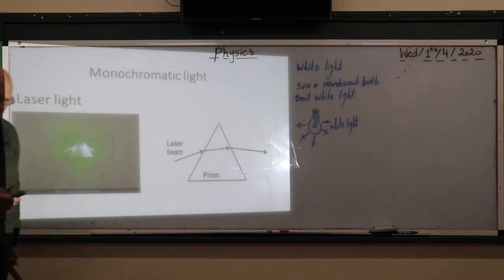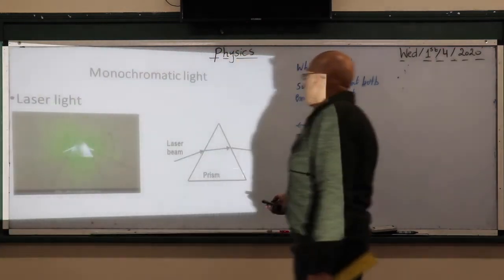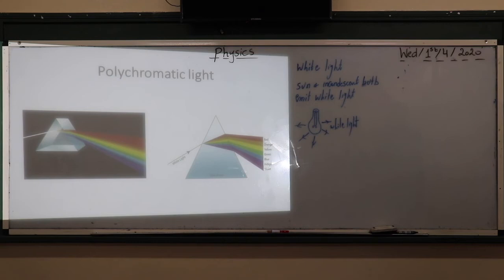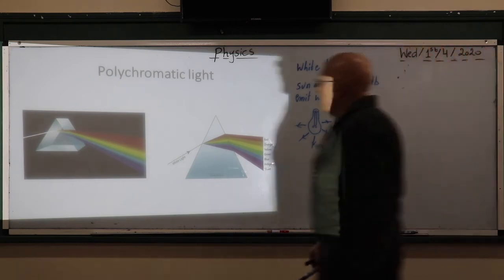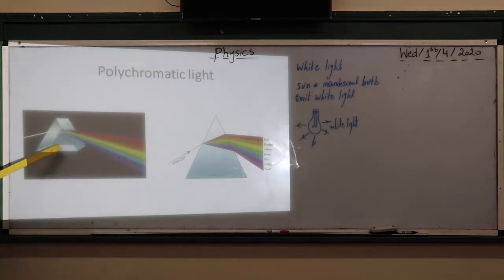Let's see what we observe. Look at this image. This is the prism, and this is the white light. When you look at the incident beam, you will say that it is one color. But in reality, if I let it pass through the prism, this one color will be divided into infinite components.